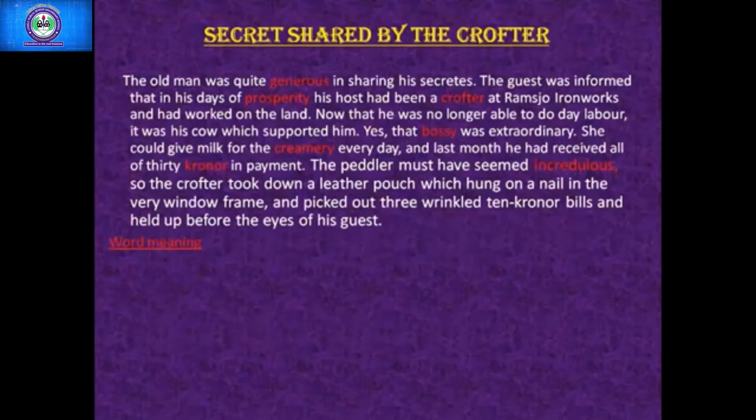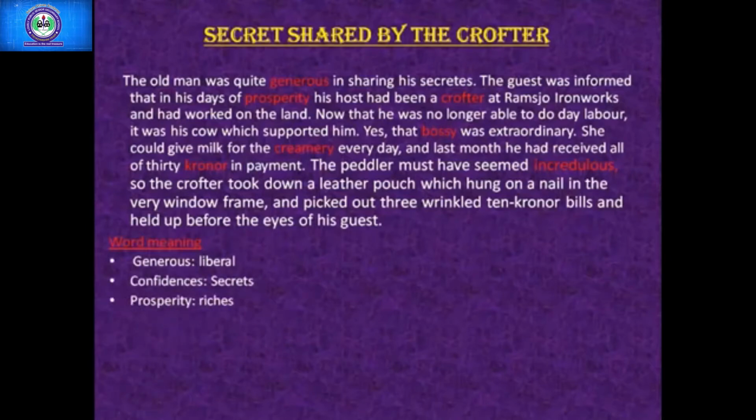The old man was quite generous. Generous means very liberal, very big-hearted. In sharing his secrets, the guest was informed that in his days of prosperity, prosperity means riches, when he was rich, his host had been a crofter.